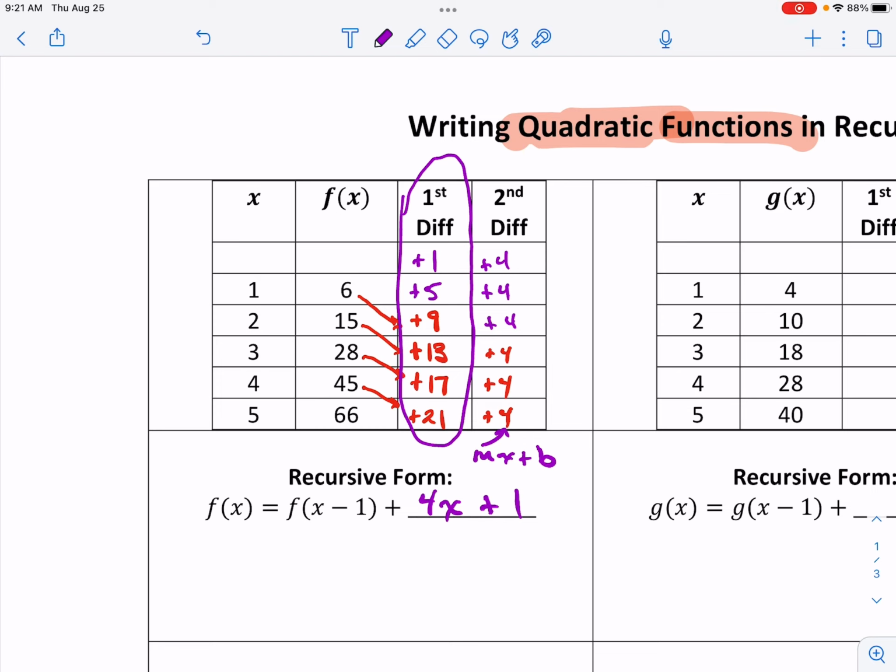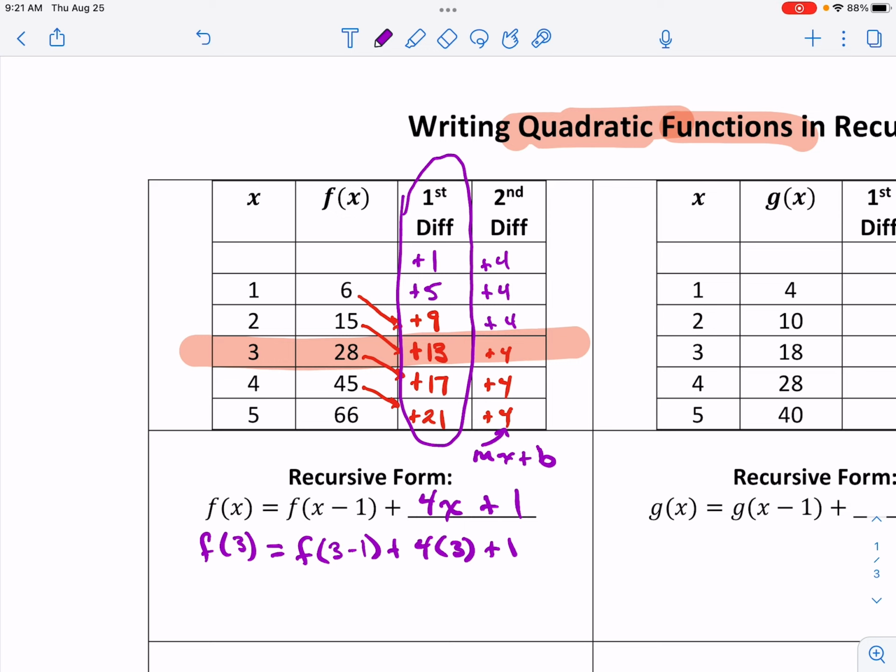And we can test this to see if it's right by plugging in a certain value for x. Let's try plugging in 3. When I do f of 3, it'll equal f of 3 minus 1 plus 4 times 3 plus 1.